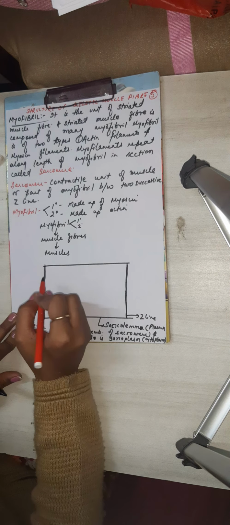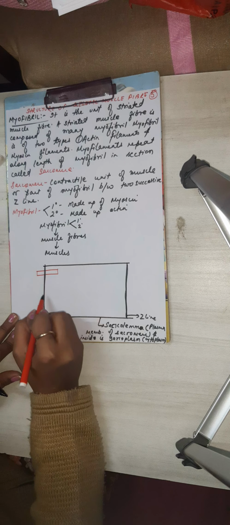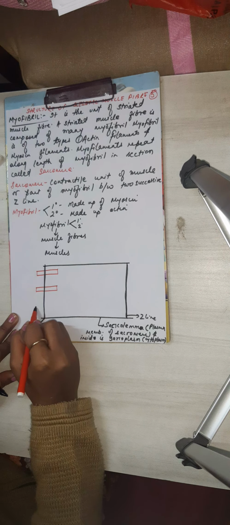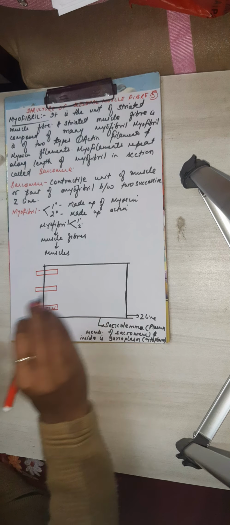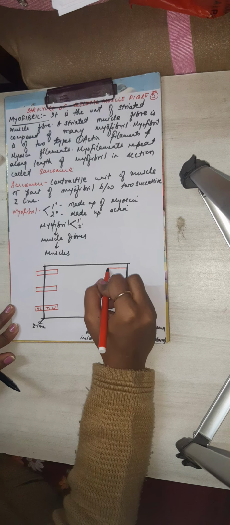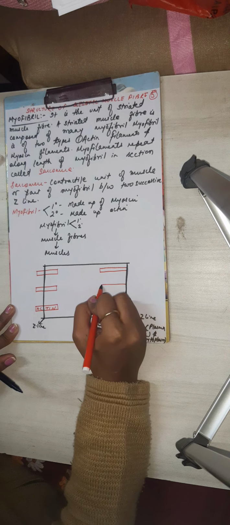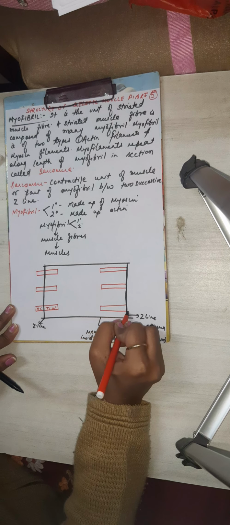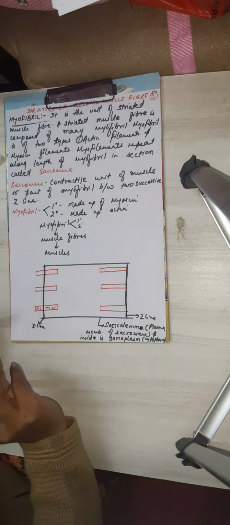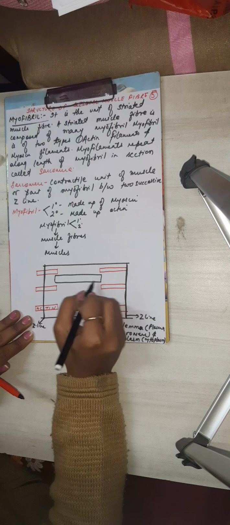Let me draw the actin. This is actin. Next is myosin. This is myosin. Okay.